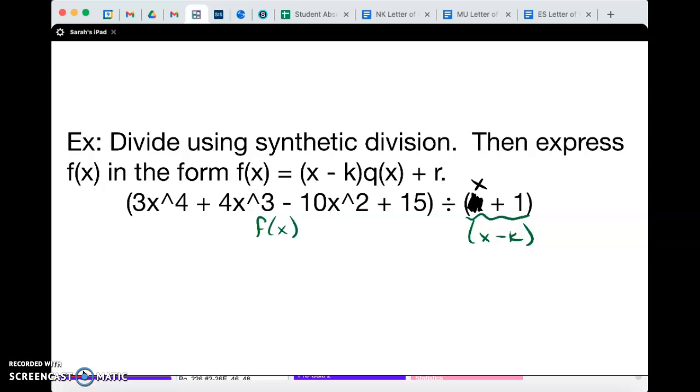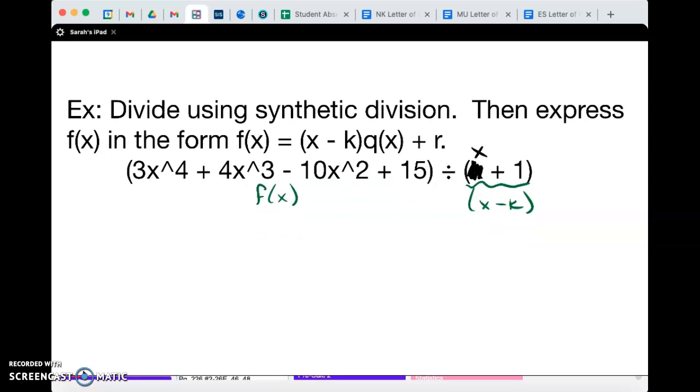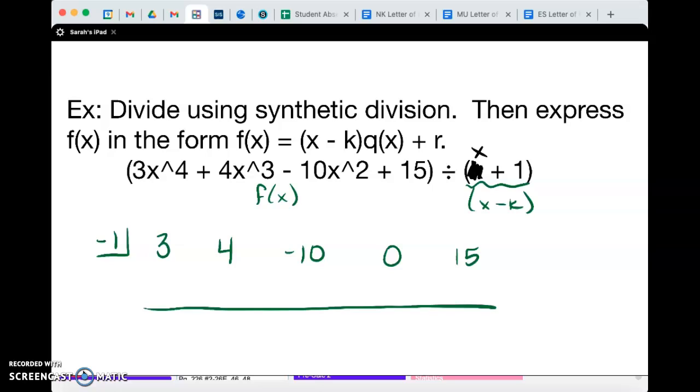So, let's set up synthetic division. What number goes in the box? 81. And my coefficients? 3, 4, 3 and 10, 0. Right, we skipped over the x, we have to have a 0. Alright. Then go through the process.